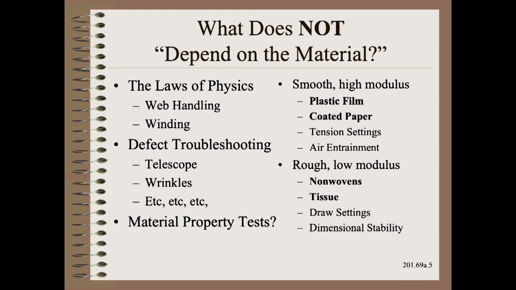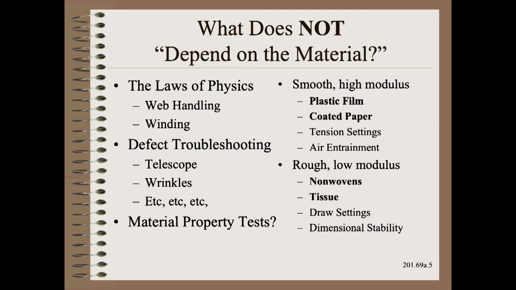Once we learn web handling, we would know that it is not material that matters. Rather, it is material properties that matter. For example, nonwovens and tissue are both rough, and most are low modulus materials. Thus, we would know that drive control strategies and draw settings will be similar.